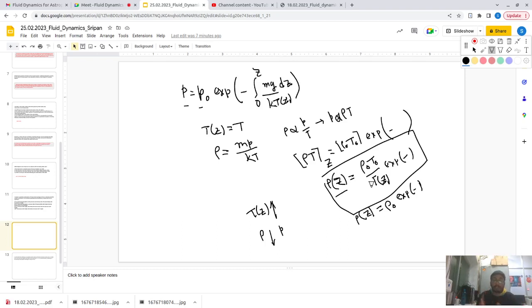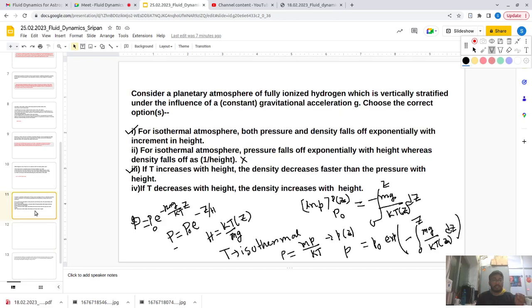Depending upon this comparison, we can have the density decrement as well as increment with height in local regions. So we cannot tell blindly that if T is decreasing with height, the density will increase with height. It depends upon the comparative study between these two.